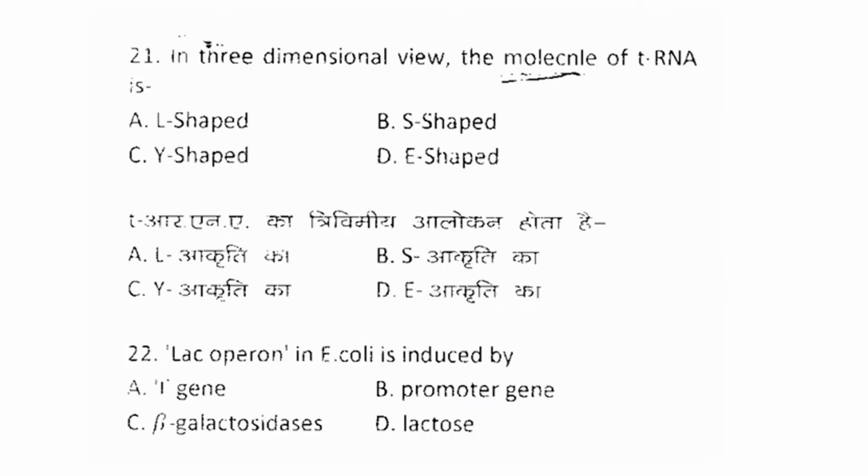Next question is in three-dimensional molecule view, the molecule of tRNA is. So the tertiary structure, that is three-dimensional view, is L-shaped. If we talk about the secondary structure, that is the clover leaf-like structure. Next question is lac operon in E. coli is. So the options are I gene, promoter gene, beta galactosidase, and lactose.